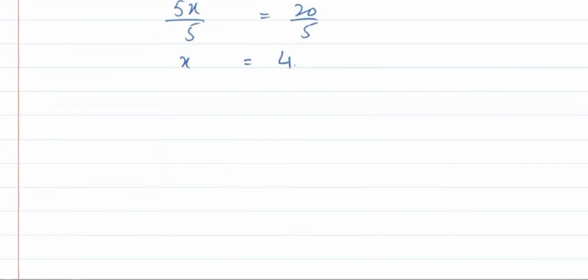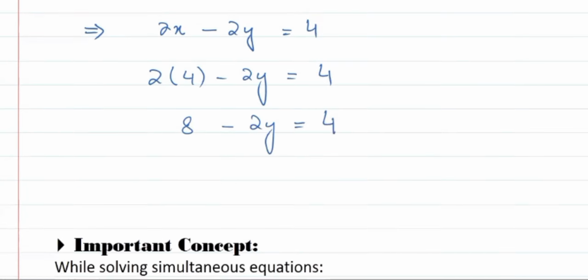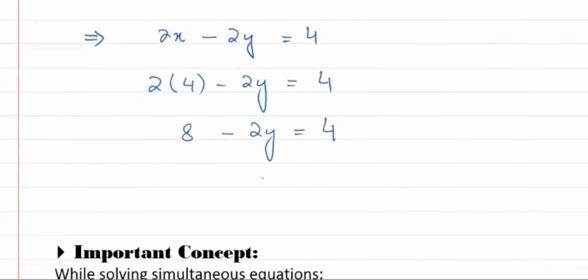Now substituting x equals 4 into the second equation. What was our second equation? Our second equation was 2x minus 2y equals 4. 2 into 4 minus 2y equals 4. Now 2 fours are 8, so 8 minus 2y equals 4.